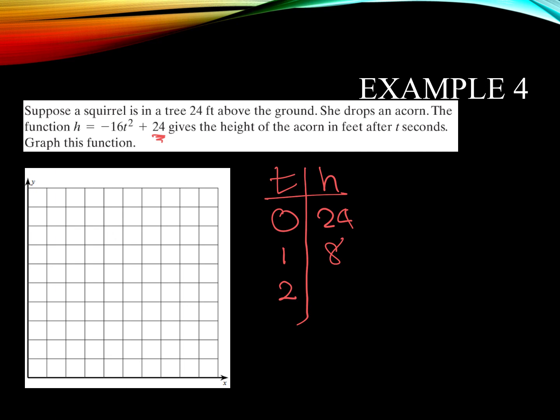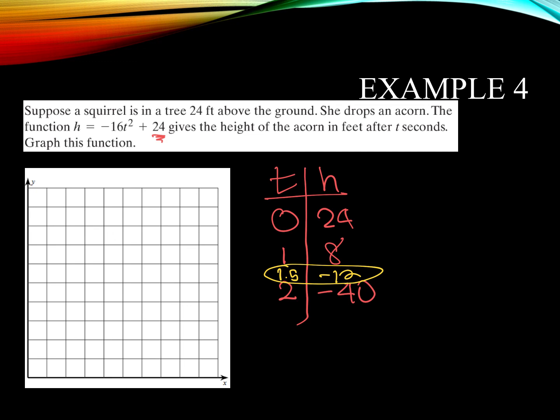If I plug a 2 in for t, I'm going to end up with a -40. So in less than 2 seconds, this object is going to go down and hit the ground. So you may want to do another point, maybe right in here, and do something like 1.5 just to give us another data point. When I plug in 1.5, I end up with a negative 12.